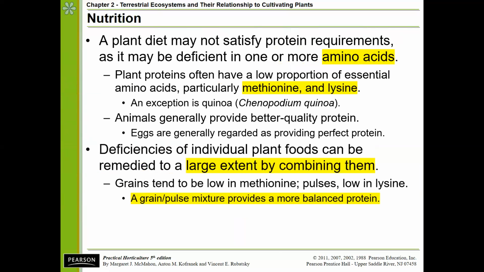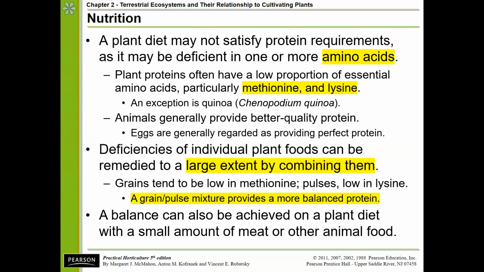Talked a little bit about the amino acids and how to balance amino acids in diet. Of course, amino acids are required to build proteins. And generally, in most diets, we eat proteins, and then we break them down into amino acids with which to build new proteins.